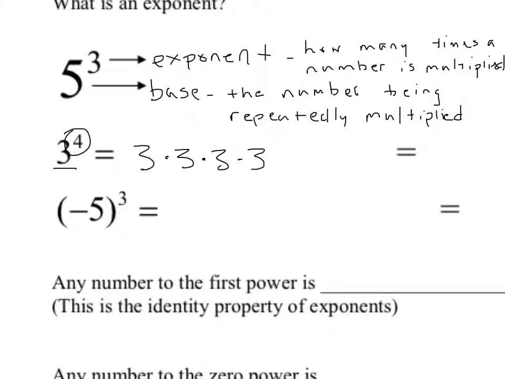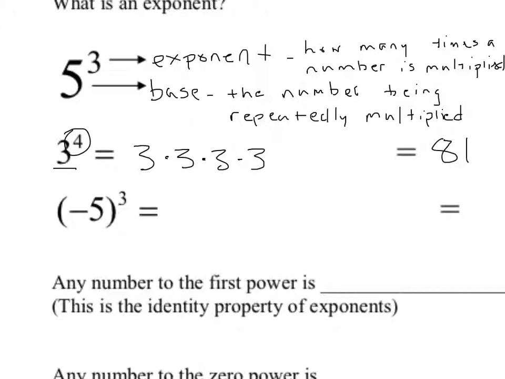And if I want to find the actual value, there's a few different ways of going about doing this. In my head, I kind of think about it as 3 times 3 is 9, times 3 is 27, times 3 more is 81. Is there anybody else who thinks through it in a slightly different process? Mina? Sammy?